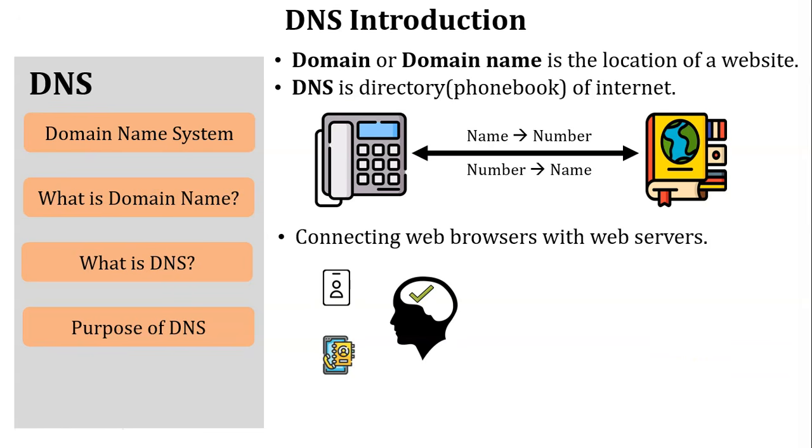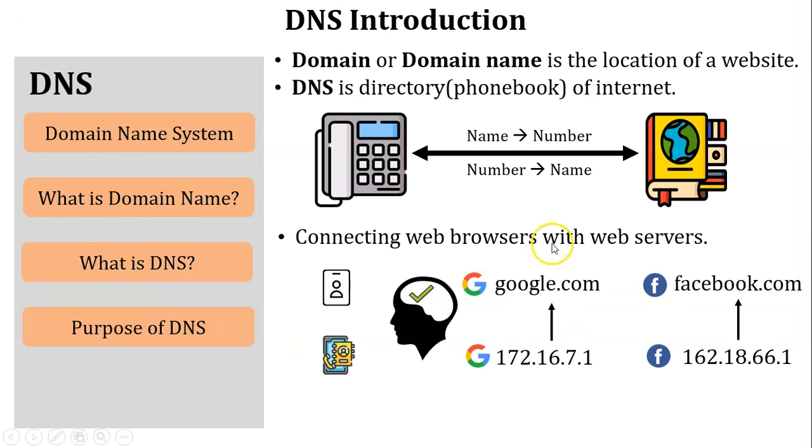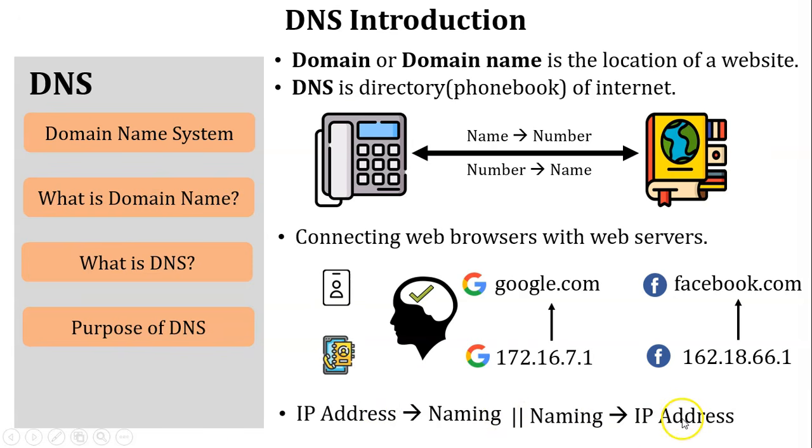In the same way, if someone asks you to open Google and Facebook using the IP address, our brain can remember only a limited number of IP addresses. So we access all websites using the website name instead of the IP address, because the human brain can remember more website names than IP addresses. So the purpose of DNS is mapping IP address to name and name to IP address. It is the same as a telephone directory.